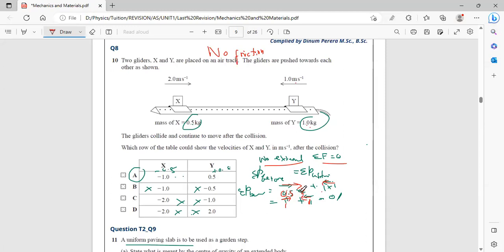So the total momentum before collision is 0. If the total momentum is 0 before collision, total momentum must be 0 after collision as well.